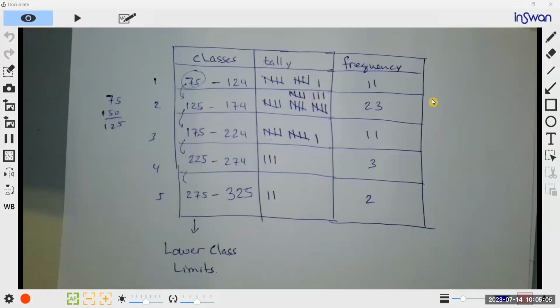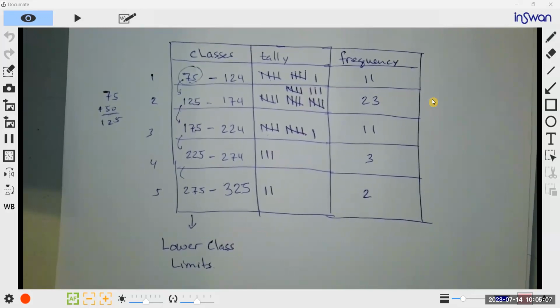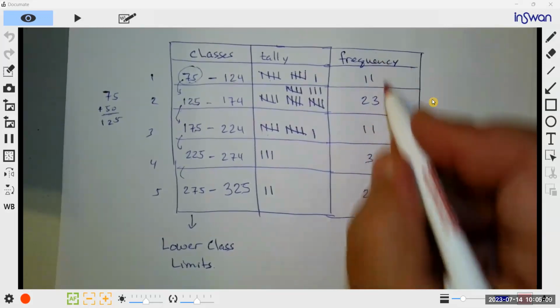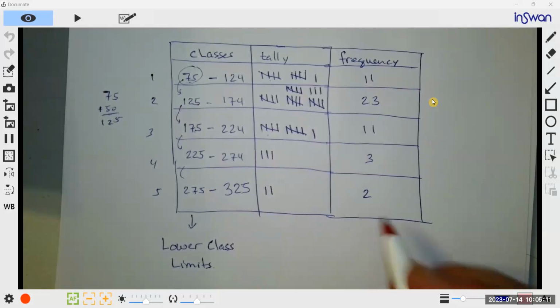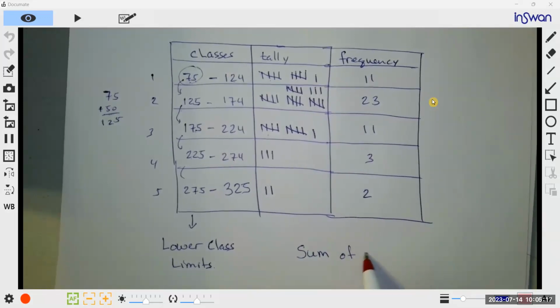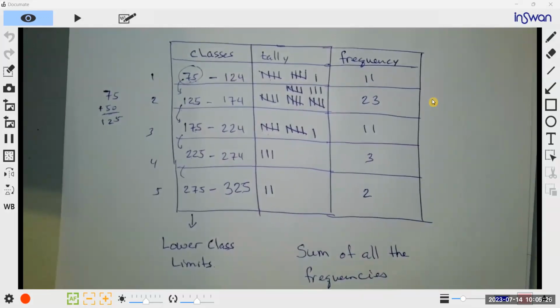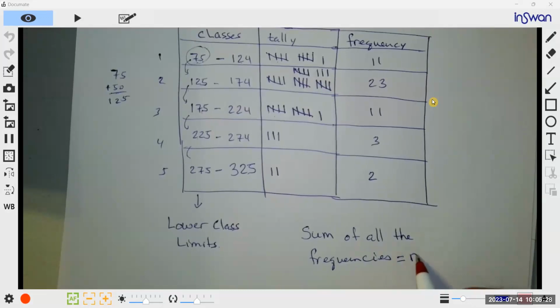Here's our first check and balance. If you add up all the frequencies, the sum of all the frequencies should equal n.